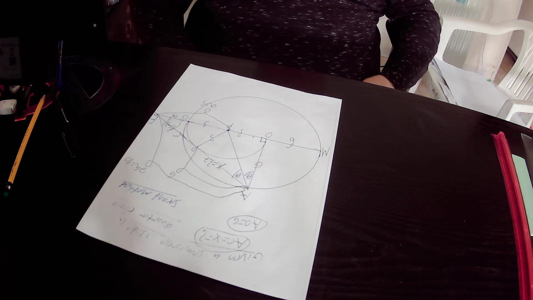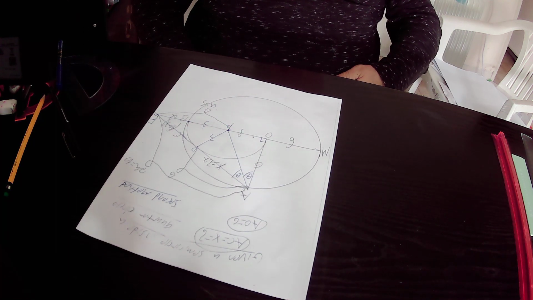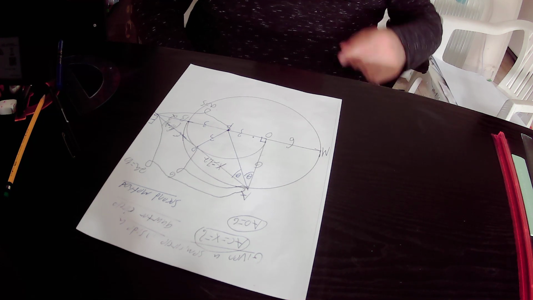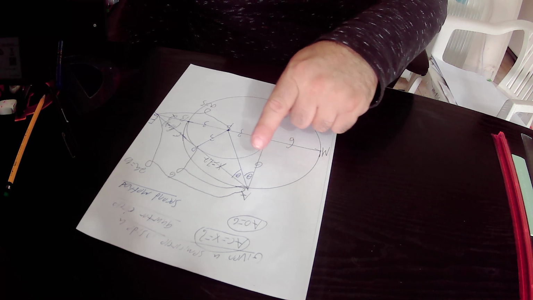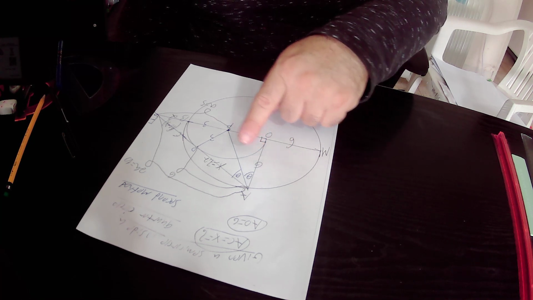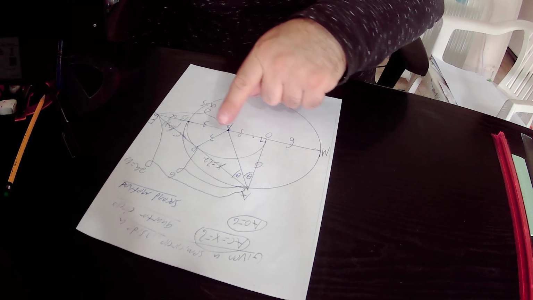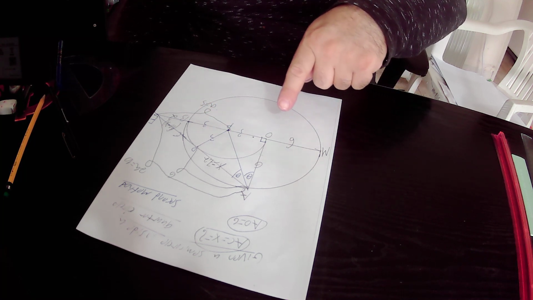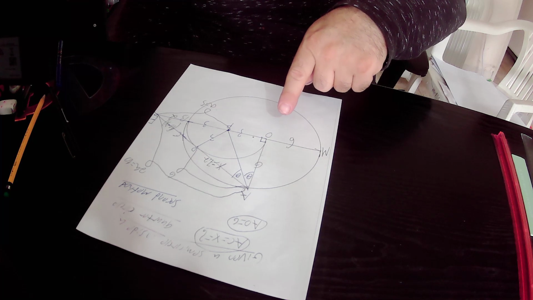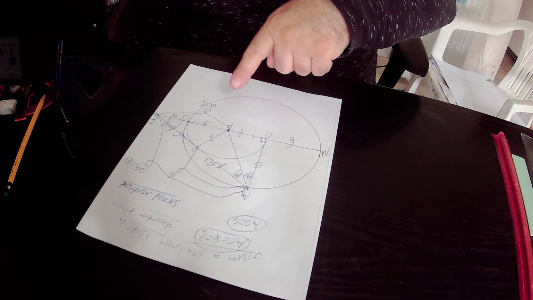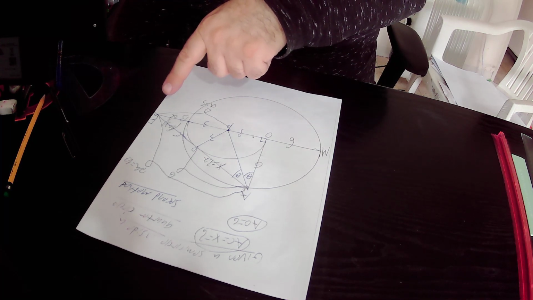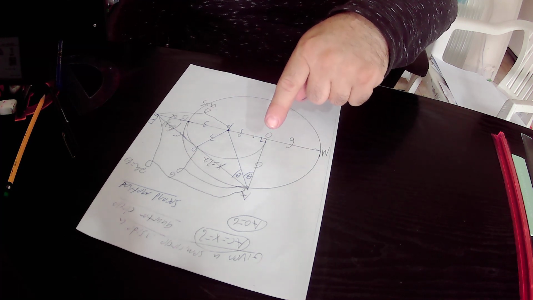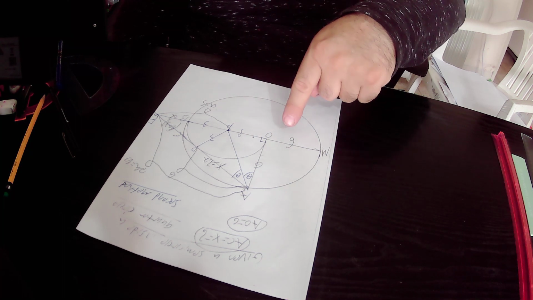Then we made another construction in the second method. We extended line segment ADC by a straight line, and we also extended line segment OB by a straight line until they intersect each other at point E. Point E is the intersection point of the extended line segment AC and the extended line segment OB.